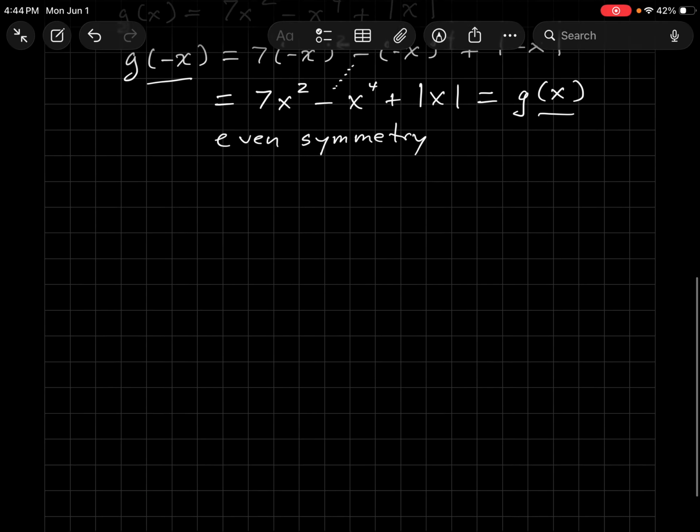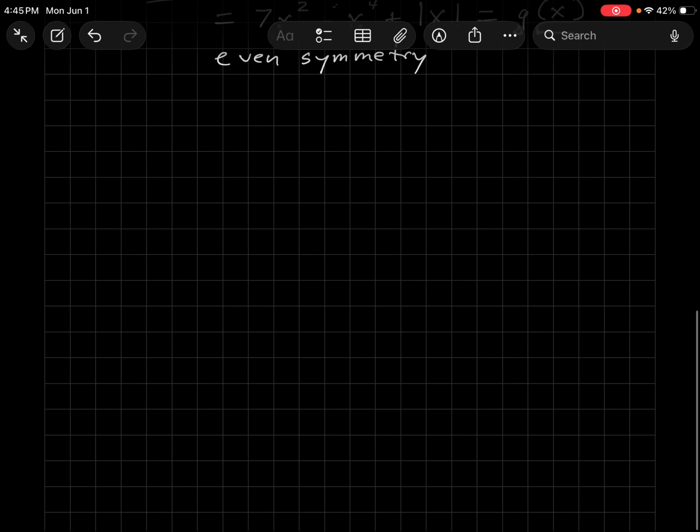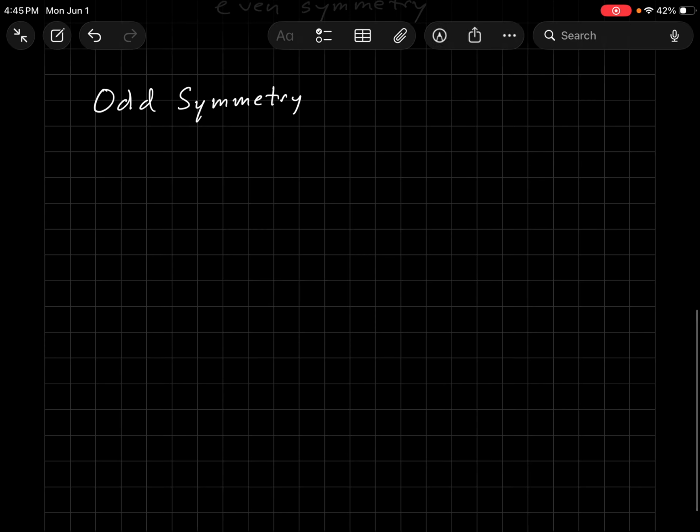Let's take a look now at odd functions, or odd symmetry. So the definition of odd symmetry, or an odd function, is f of negative x equals not regular old f of x, but the negative of f of x.